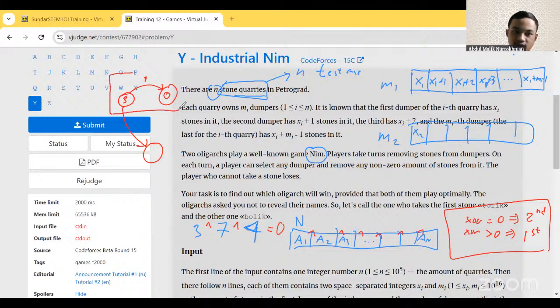After we prove that there is always a way to make it 0, then the opponent, if in this state the XOR is 0, cannot make it 0 again, but always makes it positive. So we can set it back to 0. So the strategy is to always make it 0 until all of them are 0. So we win the game.